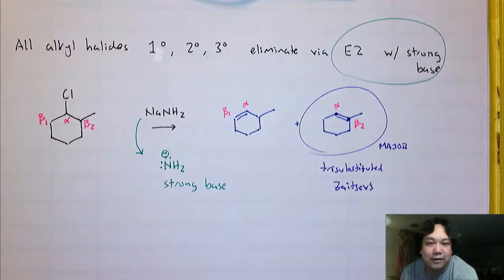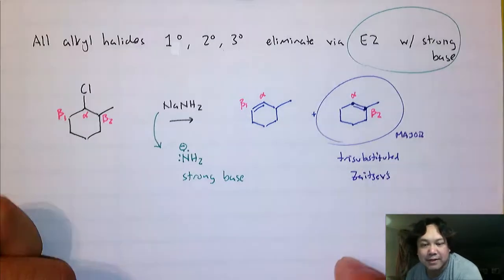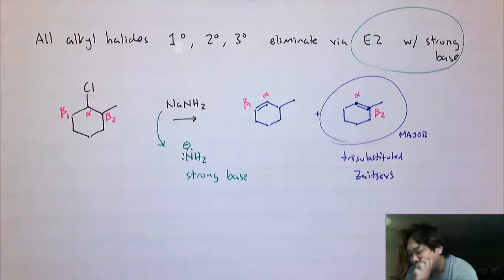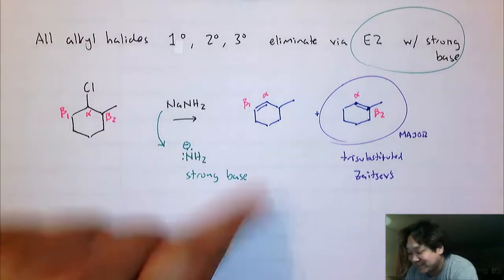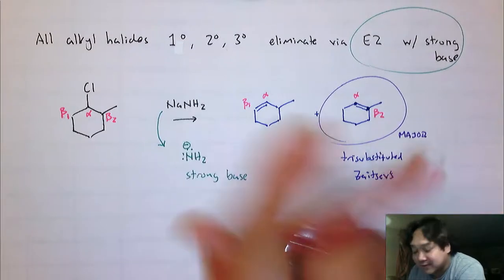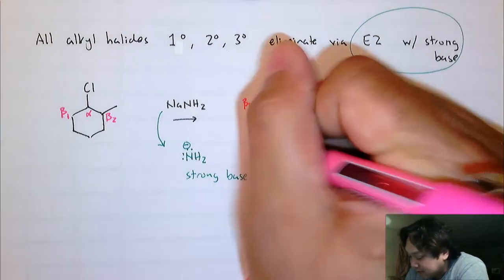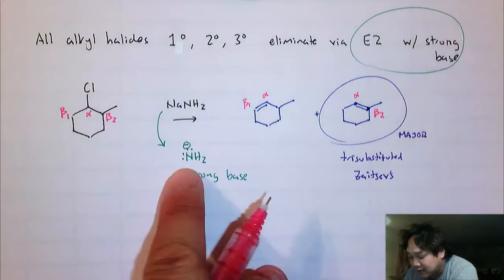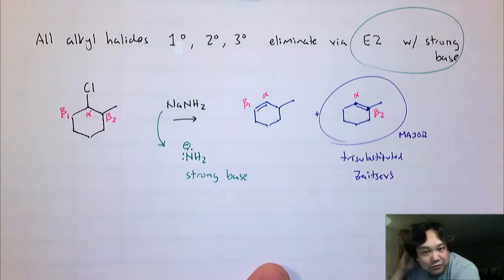Now, for the last 5 to 7 minutes, I want to talk about actually that. That's the Zaitsev product, and it's a major product with this base. Right now we have 2 examples of bases, the oxides and the N-. Both of those are strong bases.